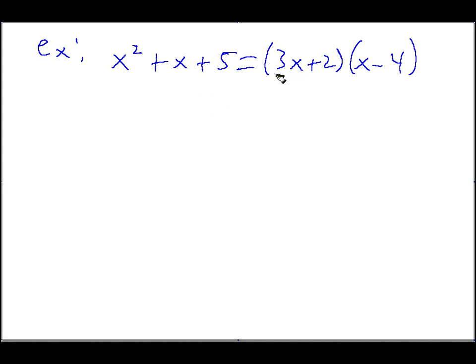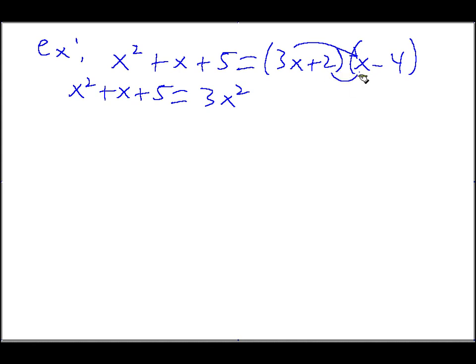To make one side 0, before I do even that, let me multiply out the right-hand side, these two binomials. The left side stays the same: x squared plus x plus 5. Let me show how to do that. 3x times x is 3x squared, as you know. Let's look at the middle term.